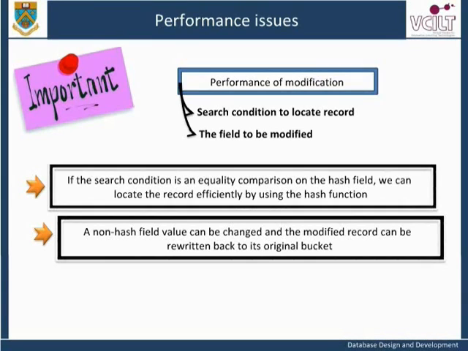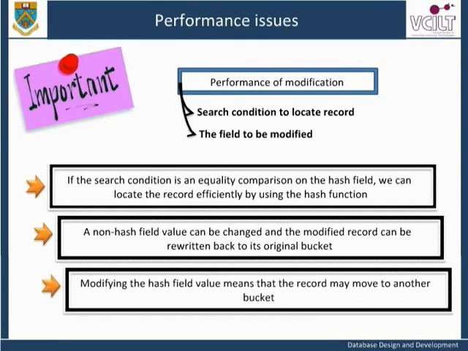A non-hash field value can be changed, and the modified record can be rewritten back to its original bucket. Modifying the hash field value means that the record may move to another bucket, which requires the deletion of the old record, followed by the insertion of the modified one as a new record.